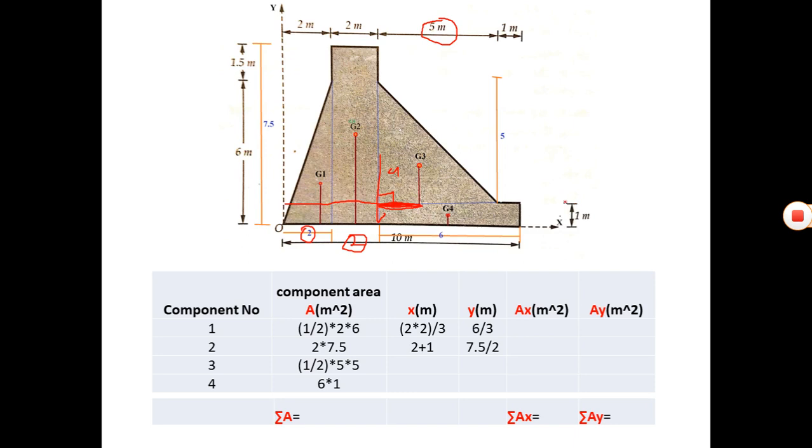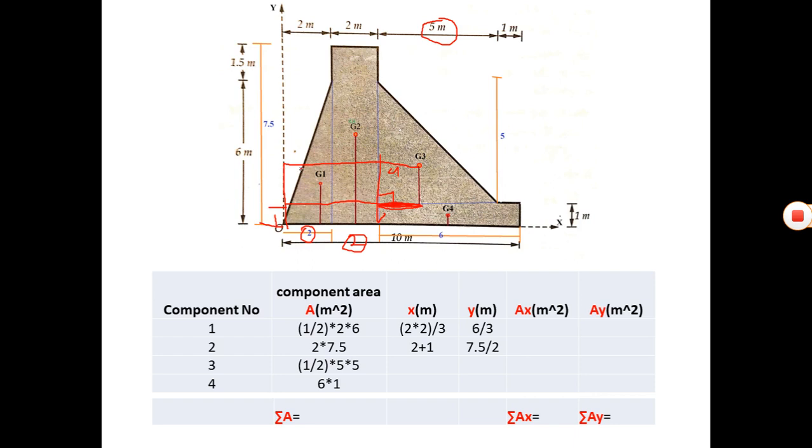Okay, so this is for x-axis. For y-axis, up to this side, you need to add this 1 meter height.